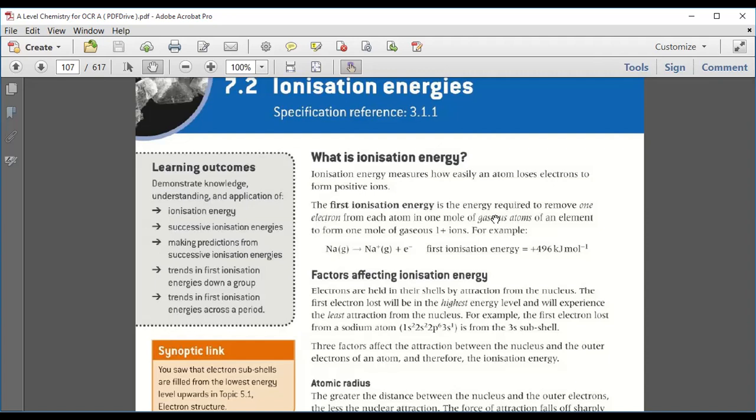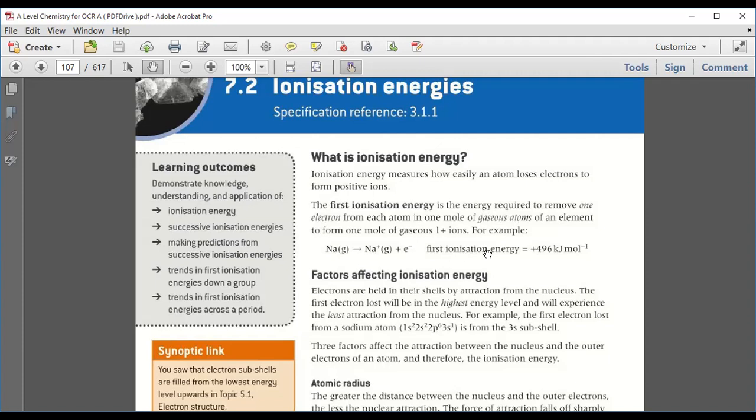So we took one mole, that is a collection of Avogadro number of atoms. We put some energy over it, and then the electron has been removed. Whatever energy is required to remove the electrons from one mole of gaseous atoms is known as the first ionization energy.